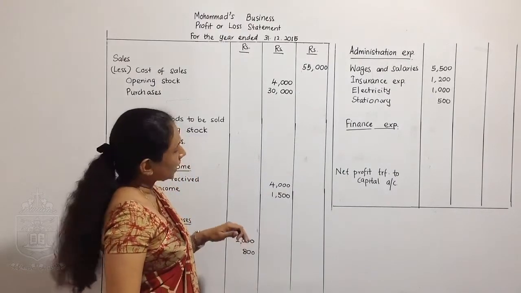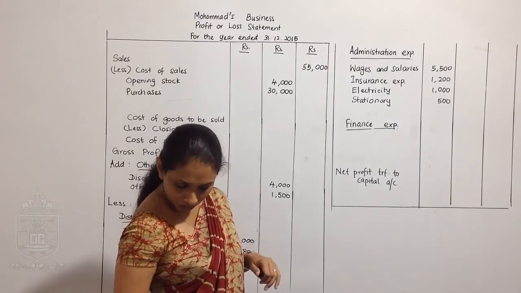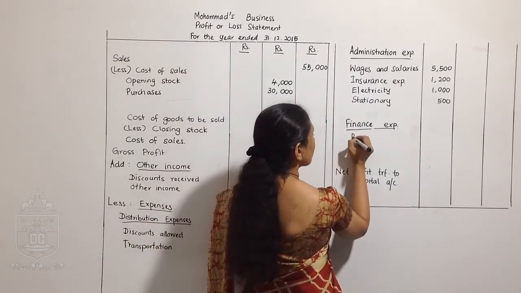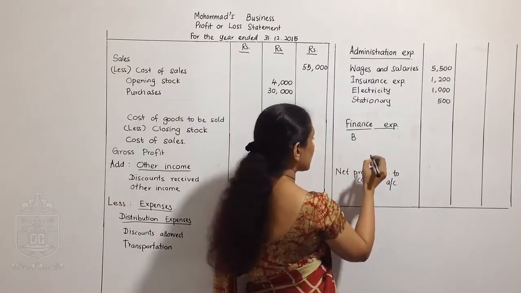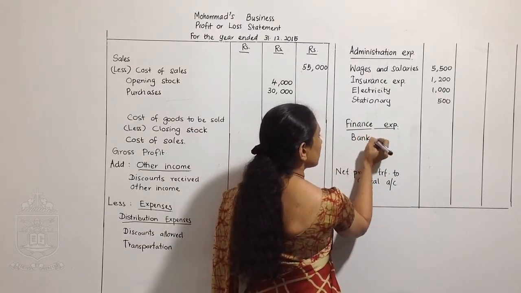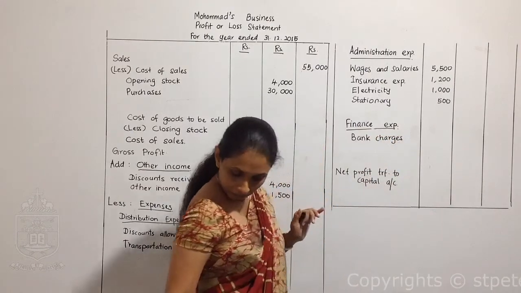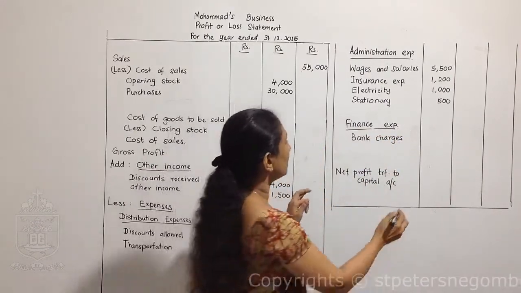Then we have bank charges, which will go under the finance expenses. So let's go to the finance expenses section. Bank charges 900.